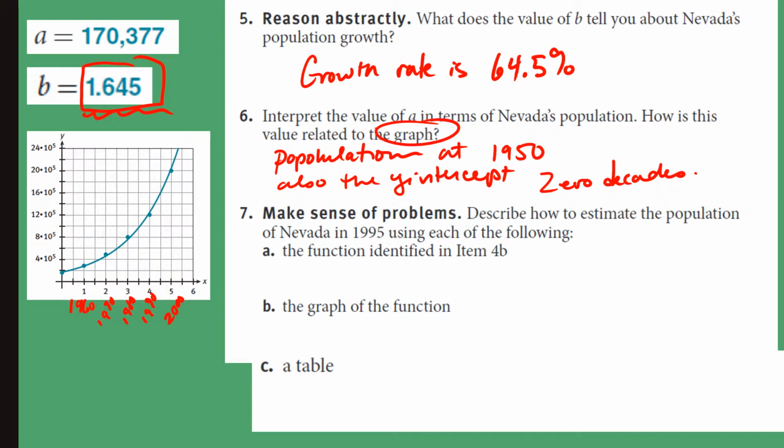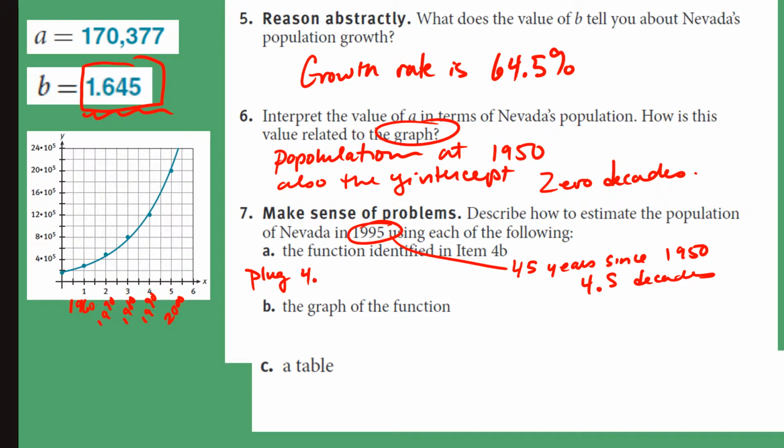So if we want to estimate what the population will be in 1995 using the function, we'd have to plug in how many decades since 1950 this would be. It's 45 years since 1950. So how many decades is that? That would be 4.5 decades. So we could plug 4.5 into the function, and that would tell us the population at 1995, or 4.5 decades since 1950, because that's what our function was based on.